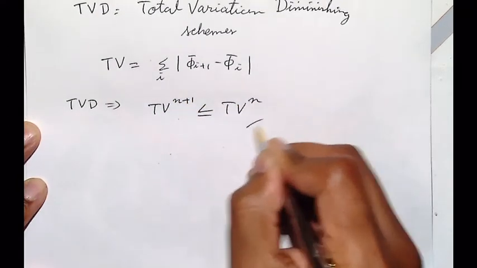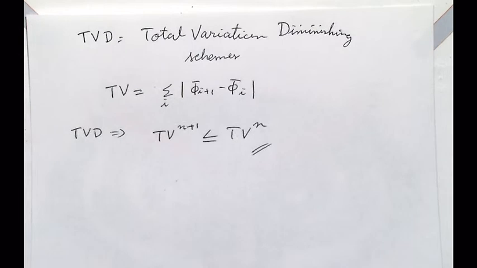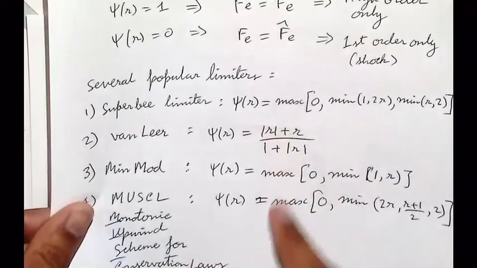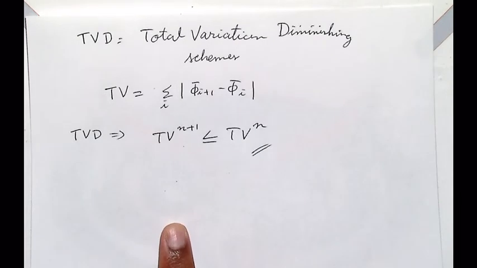This should be guaranteed, okay, no matter what. And the limiters that I showed you here, these schemes, you can actually prove that they're TVD. Okay? So that's another good property for schemes to have. Do not generate extrema that should not exist.